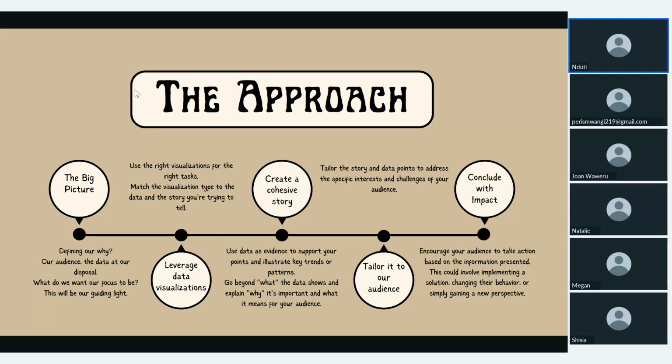We've searched for data all over the place, and we know the data at our disposal. This helps because we cannot strive to tell something that our data does not contain. So this acts as our guiding light. We know our limits, how far we can go with the data we have, and we know our audience and the limitations that come with it.